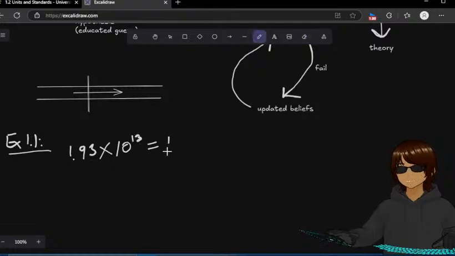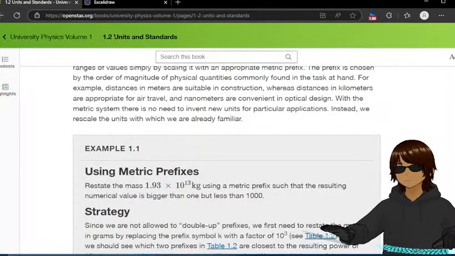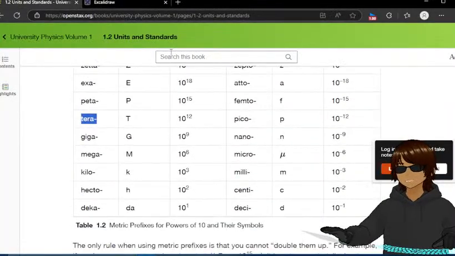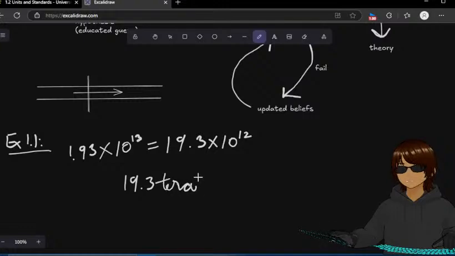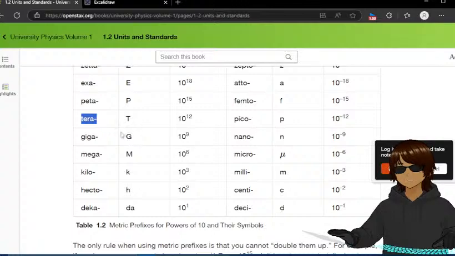We can write this as 19.3 terakg. Wait, no, what? Terakg doesn't make sense. You have to remove the kilo, right?